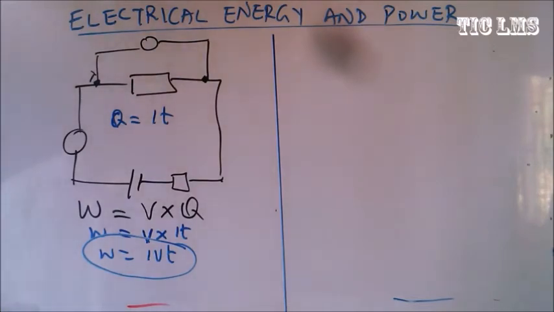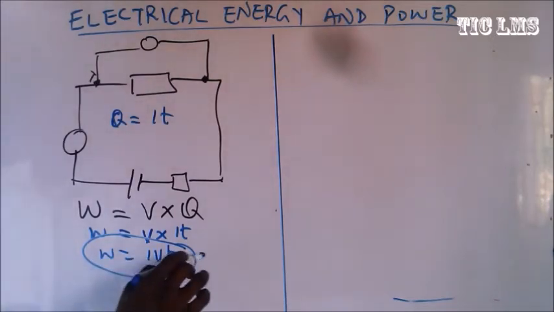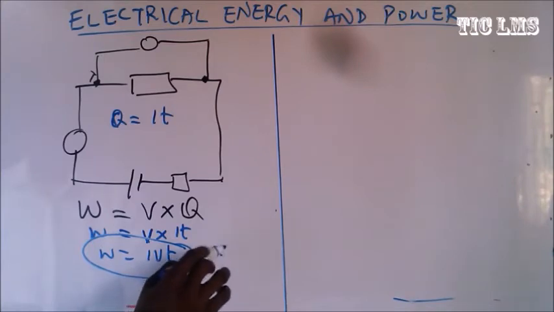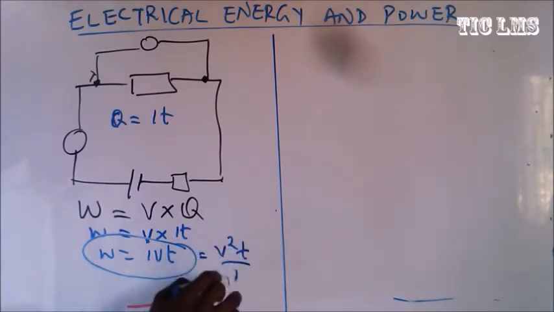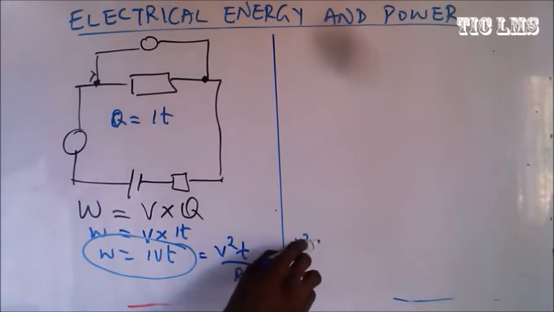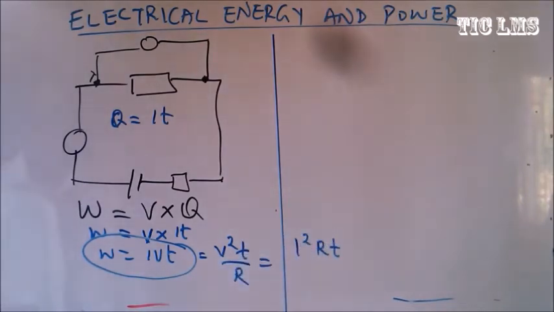Now let us take note that this formula can vary depending on the parameters which we have. For instance, this W could also be equal to V squared T over R, or it could also be equal to I squared RT. And take note that you don't need to cram all these formulas.